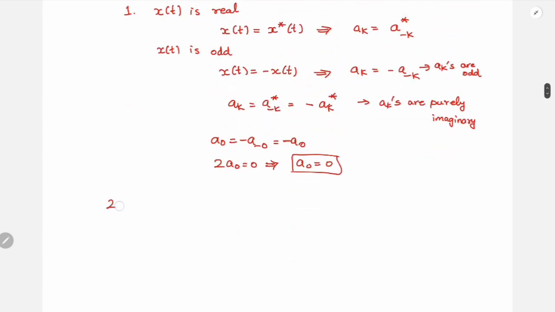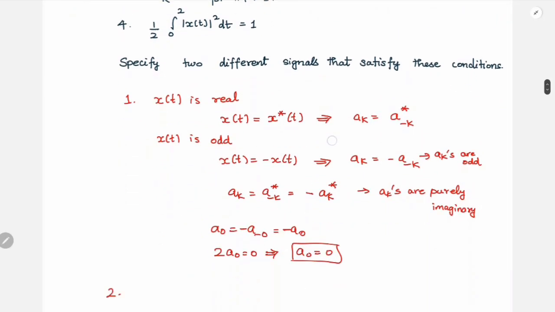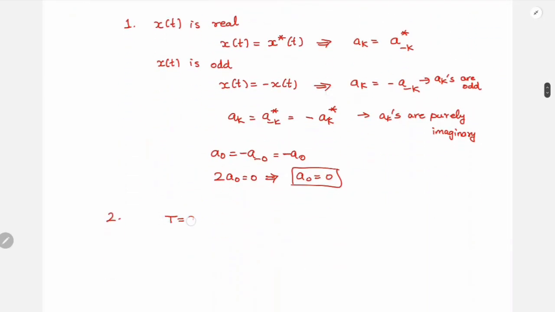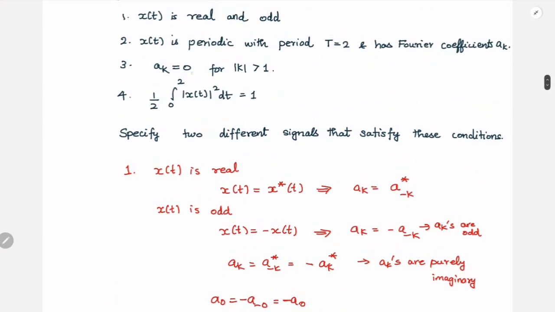So in the second information, what they are saying, x of t is periodic with period T equal to 2. So T is equal to 2, which implies omega naught is equal to 2 pi by T, which is equal to 2 pi by 2, which is nothing but pi. In the third, they are saying ak is equal to 0 for mod k greater than 1.